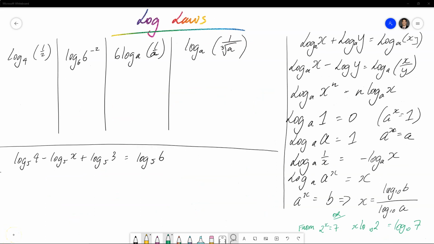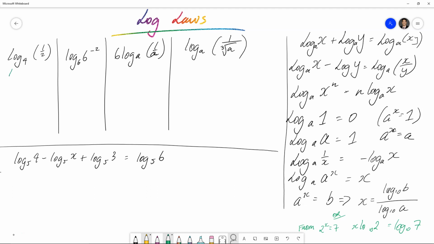Okay, moving along with our index laws and our log laws. Just flipping back and forth, making sure you get familiar with it. We're going to go from left to right, and we've got log base 4 of 0.5. Because it's a fraction, we can convert that into index form.